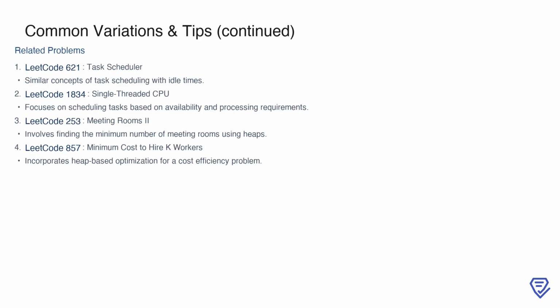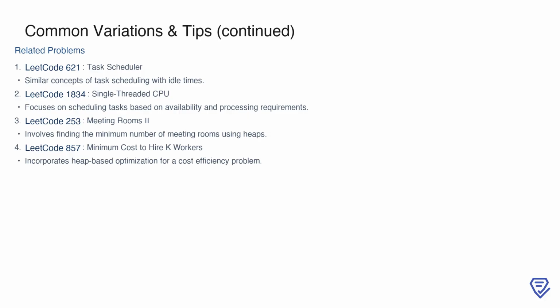This problem shares similarities with other well-known LeetCode challenges, which makes it helpful to explore related problems. For instance, LeetCode 621, Task Scheduler, also involves scheduling tasks while accounting for idle times. Similarly, in LeetCode 1834, Single-Threaded CPU, you focus on scheduling tasks based on their availability and processing requirements.